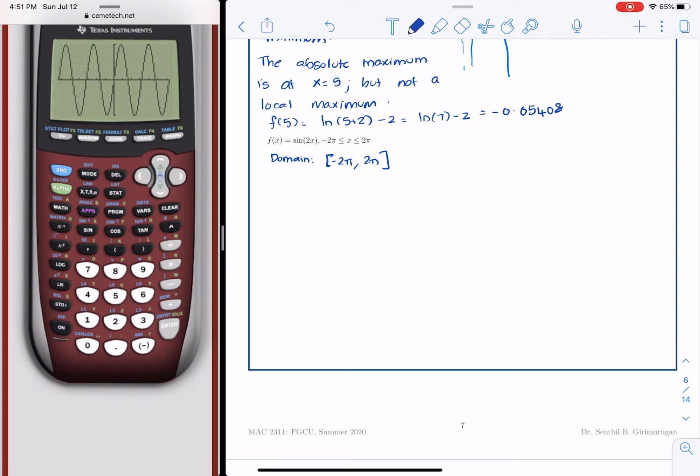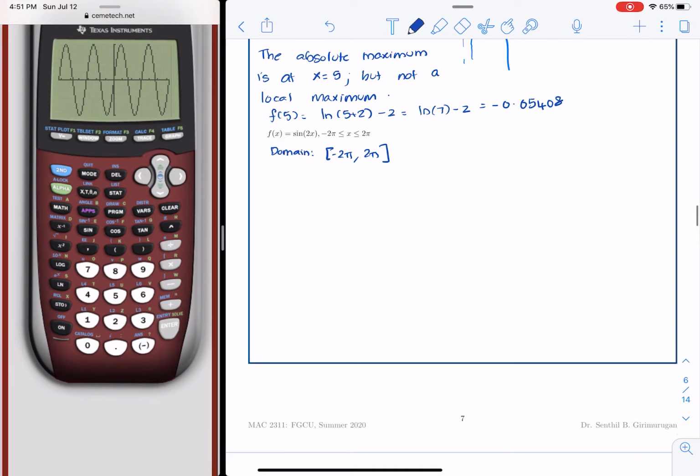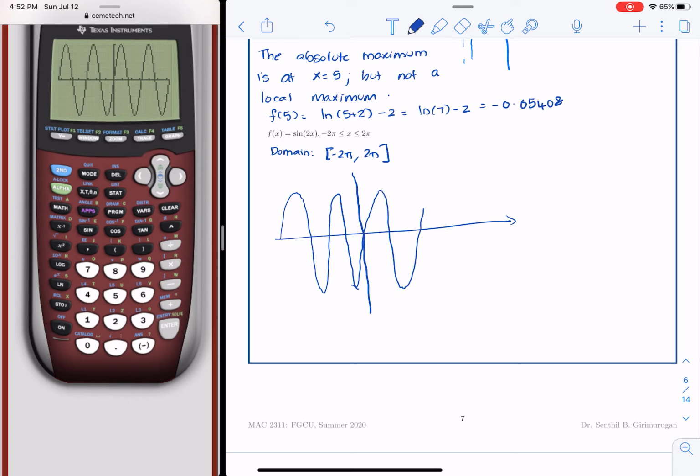Let me try to do this as good as possible. It's not drawn properly, but let me give this another try.